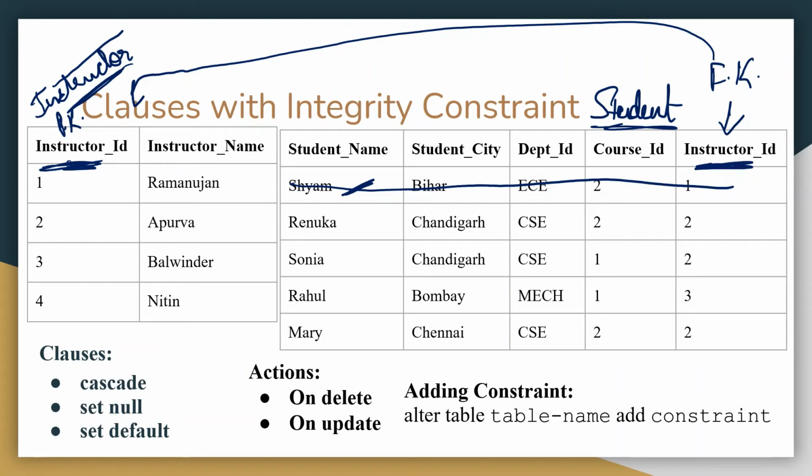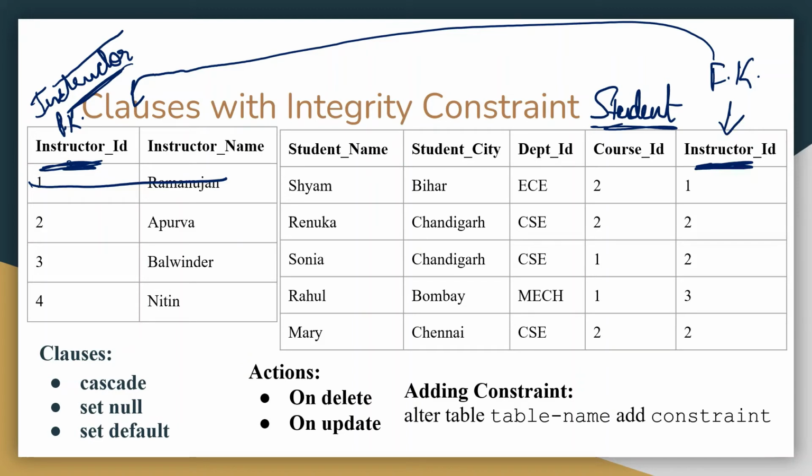Now can we say the same for making changes in the instructor table? Essentially no. Let's see what happens if I delete the first record in the instructor table. So let's say I delete this. Now I have deleted the instructor ID 1, instructor name Ramanujan from the instructor table.